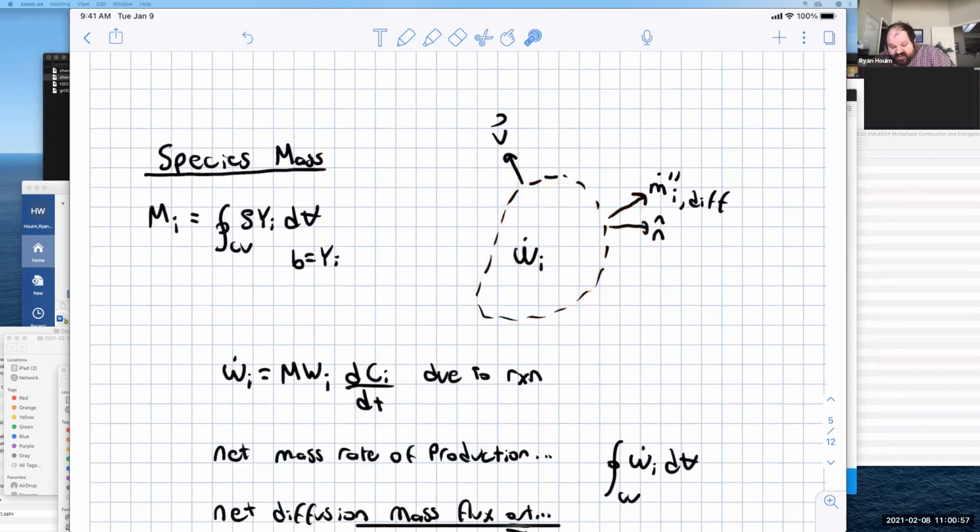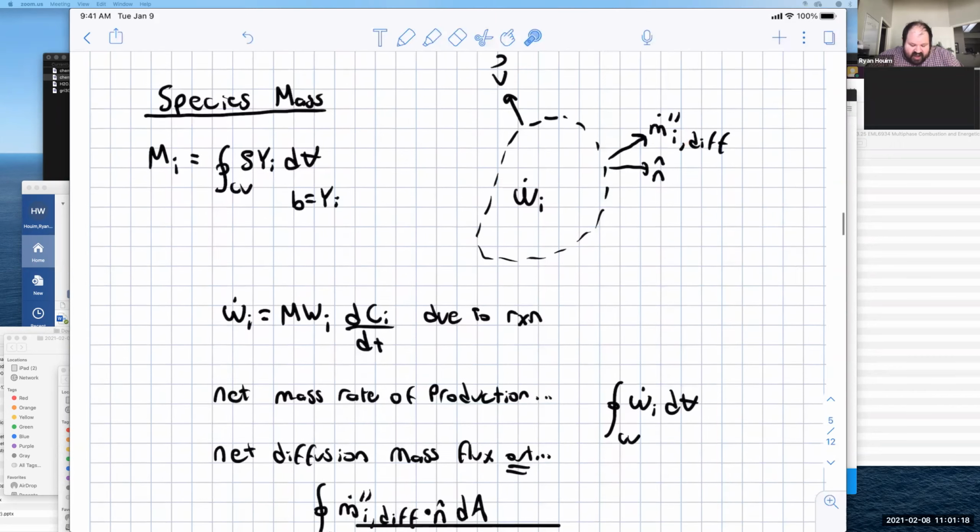So I'm just going to call this m dot i double prime diff, because as we just discussed in transport theory, there are all kinds of models for that. I'll label it m dot i double prime, and I will switch to the diffusion velocity form later on.